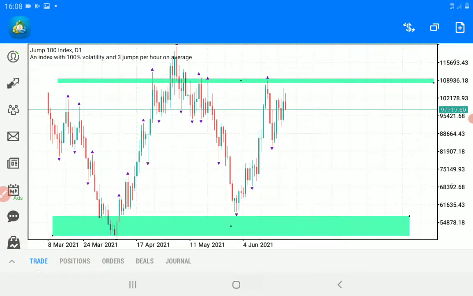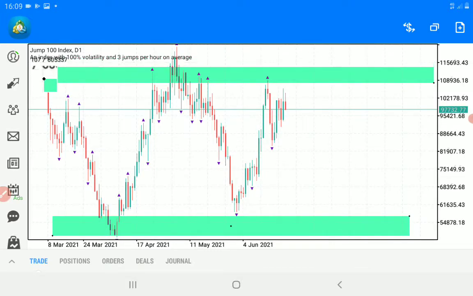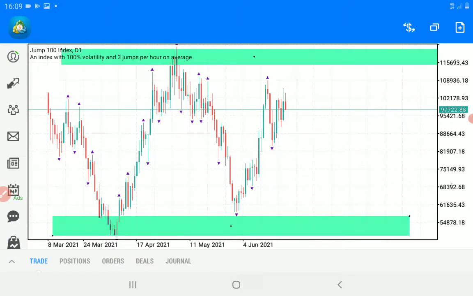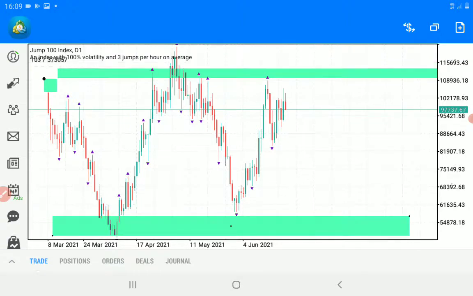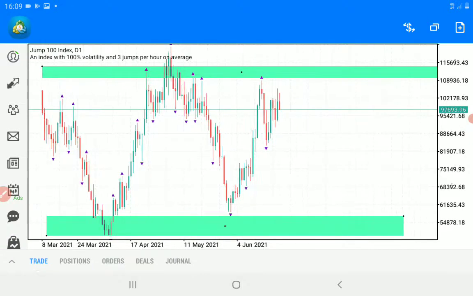So the highest resistance and the highest support. When you put in your support and resistance, you're just mostly looking for the most touched areas, right? So there you go.